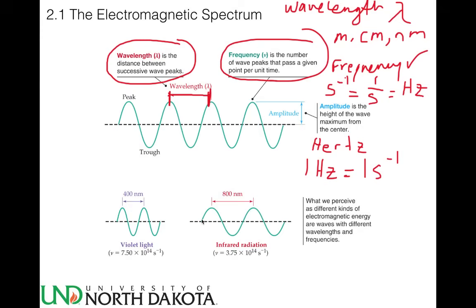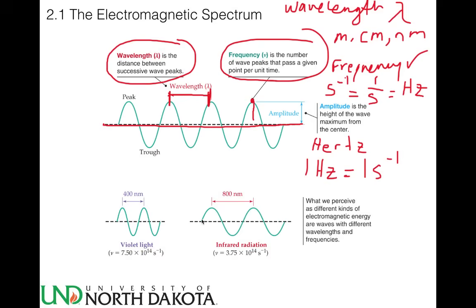Another property of waves is their amplitude. If you take the waves of a type of electromagnetic radiation and you divide it in half, the distance from the half to the peak is called the amplitude. Now, amplitude is not a characteristic property of electromagnetic radiation.